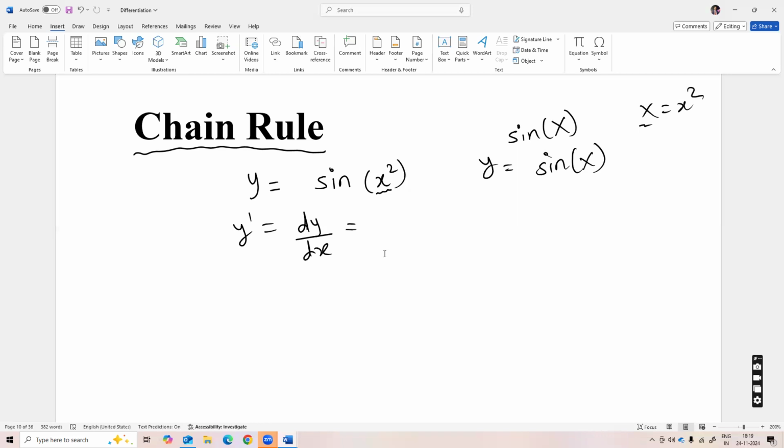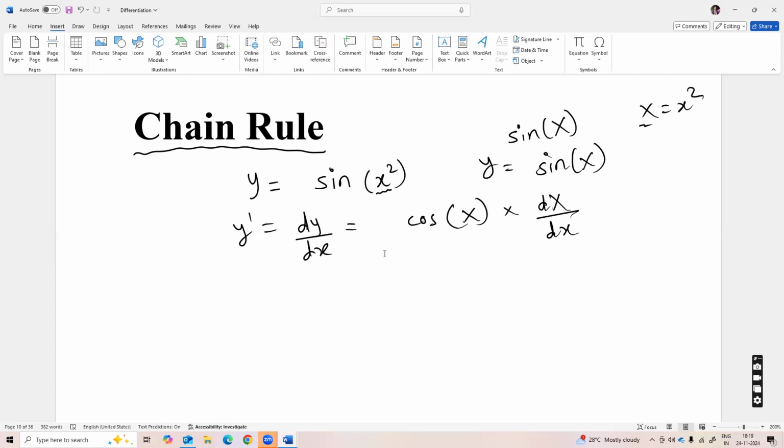What is the derivative of y equal to sine X? It is cos big X, into the derivative of this function big X, that is dX by small dx.